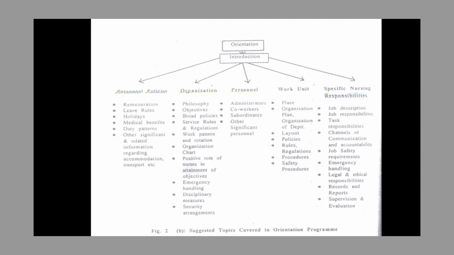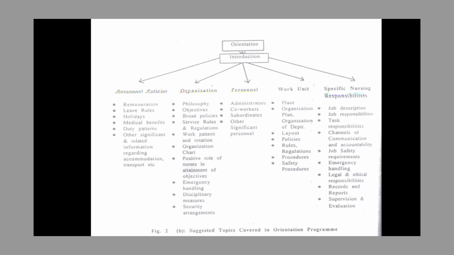Each one you can just go through in detail. I am not going into personnel policies. They have given all the staff welfare, remuneration, leave, holiday, medical benefit, and what other things are there. Organization philosophy, objectives, and what policies and procedures they are following in the different areas.